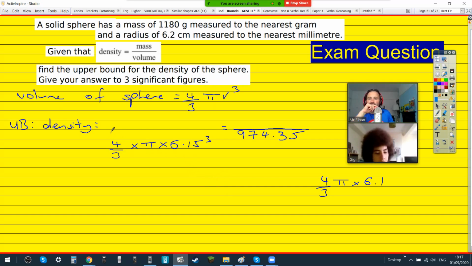Mass over the volume, so it would be 180.5 over 970.